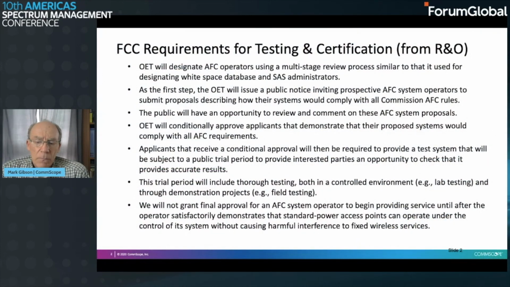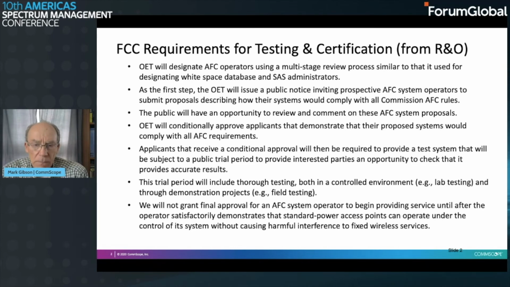So basically, we are using the FCC's report and order, wherein they describe briefly how the AFCs will be tested and certified. And there's a lot of open items here. I also mentioned I am the chair of the 6 gigahertz committee in the WInnForum.